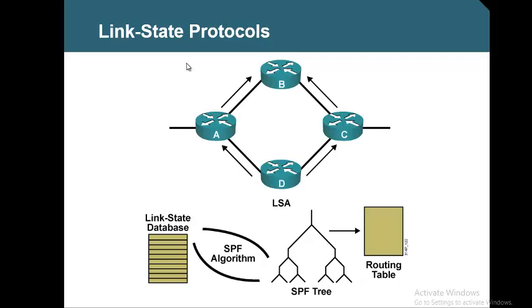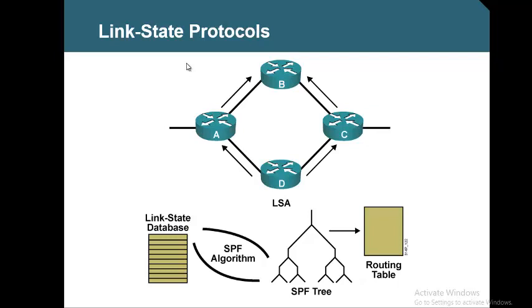So that route, based on the cost that you gave, is going to be picked up by the algorithm called SPF. SPF algorithm picks up that low cost path. The cost might be auto, or maybe you have given it.